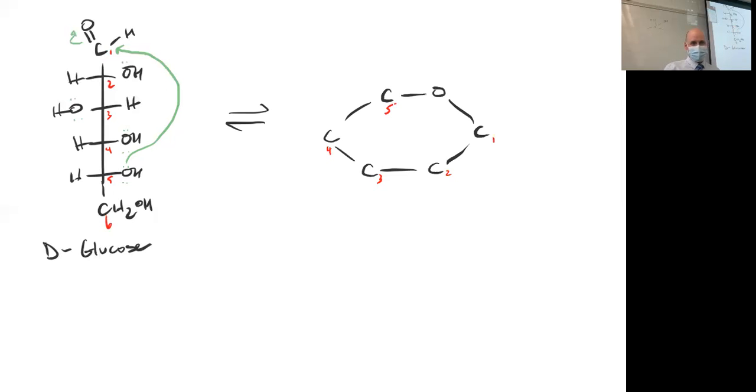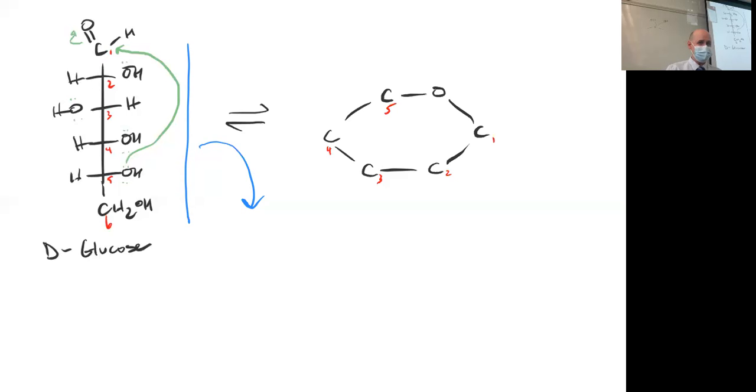So imagine you take this thing and you tip it over. So basically what we're going to do is take this whole thing and imagine just tipping it down flat like that. So everything on the right would now be down. Everything on the left would now be up. Everybody got that? All right, so for carbon number 1, do you know where the OH is going to be?